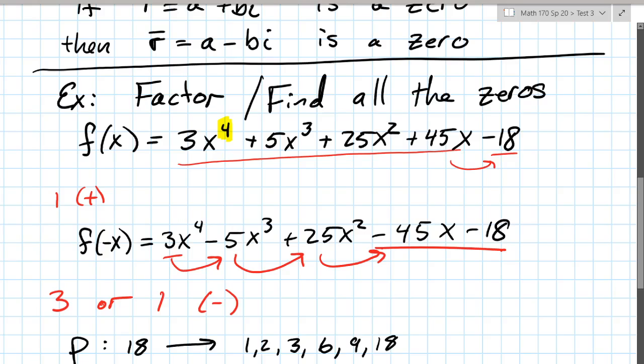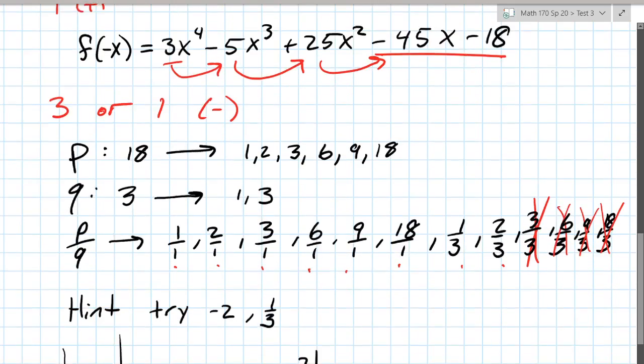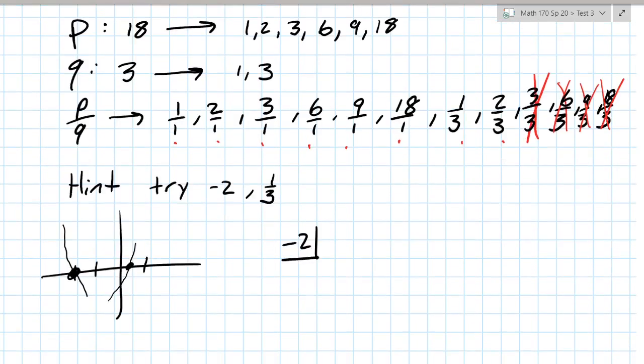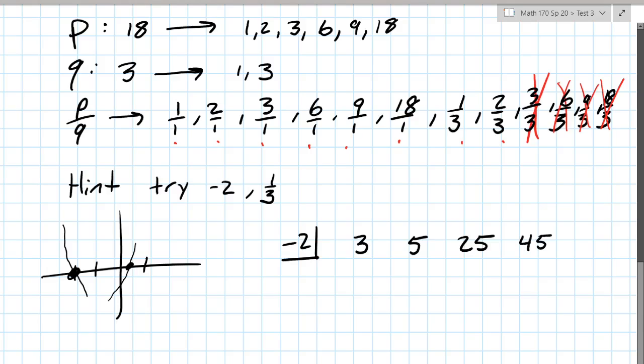Then take care of those coefficients, 3, 5, 25, 45, -18.